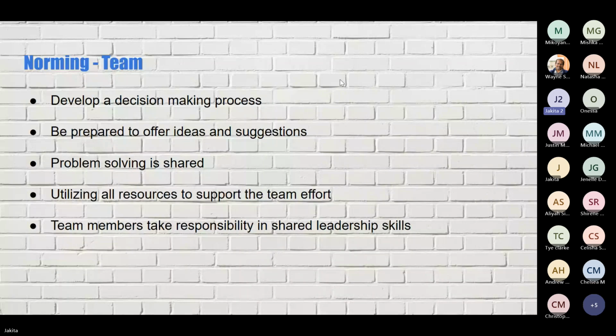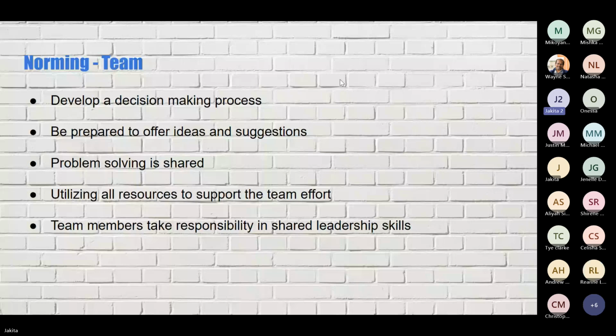So if one particular member encountered a problem before and another member encounters it, this is where the sharing will be involved, so that they will be able to resolve this particular conflict timely and complete the task timely. They utilize all resources to support the team efforts, and team members take responsibility and share leadership skills.